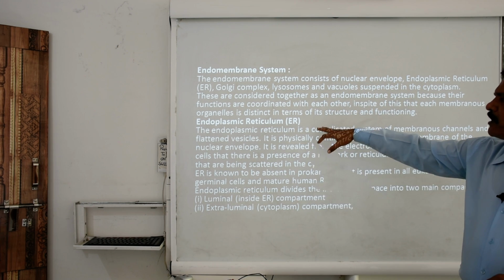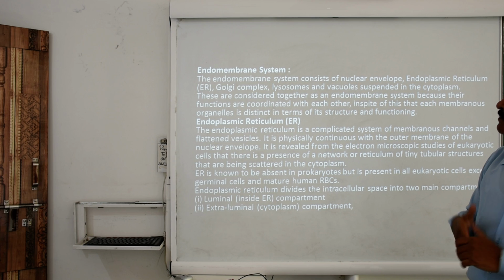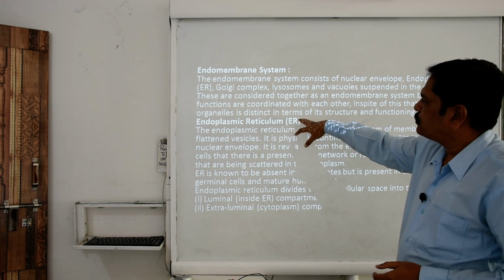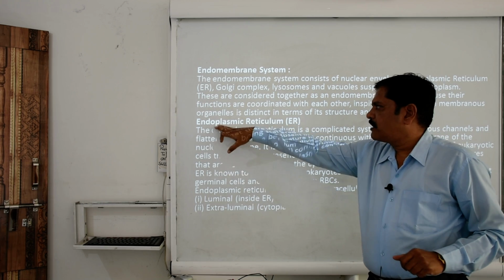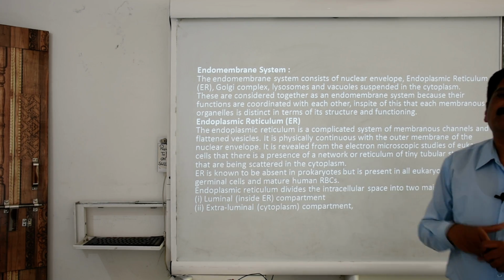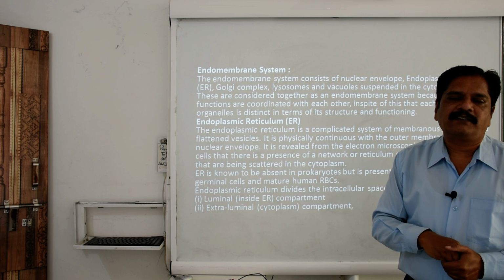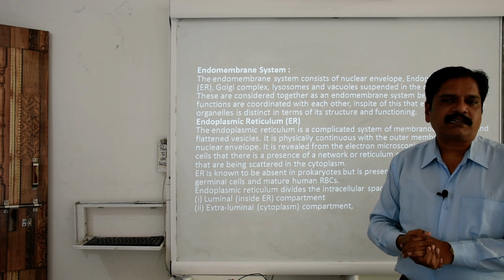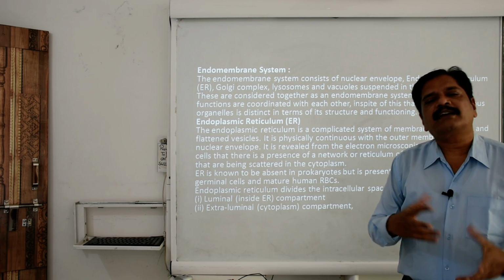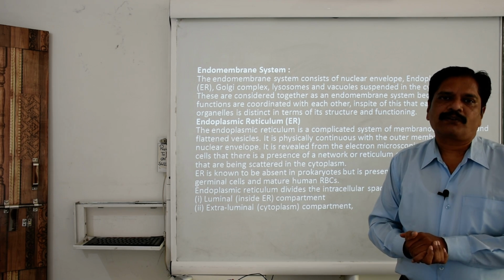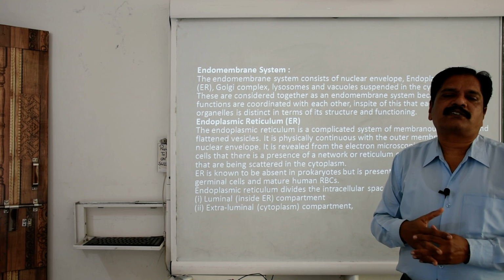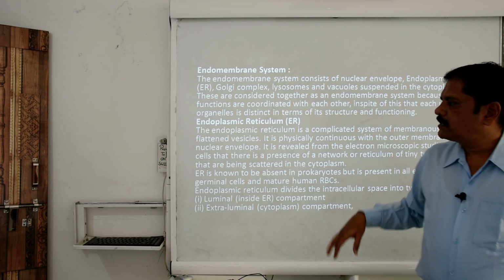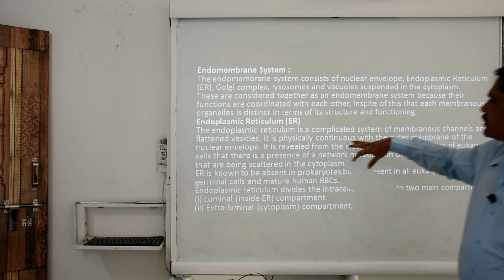So first of all we are going to discuss the endoplasmic reticulum, okay. As you know, the word itself gives the meaning. Endo means inside, plasmic means the plasma, that is the cytoplasm, and reticulum means reticulated structure. So such a reticulated structure present inside the cytoplasm is called endoplasmic reticulum.